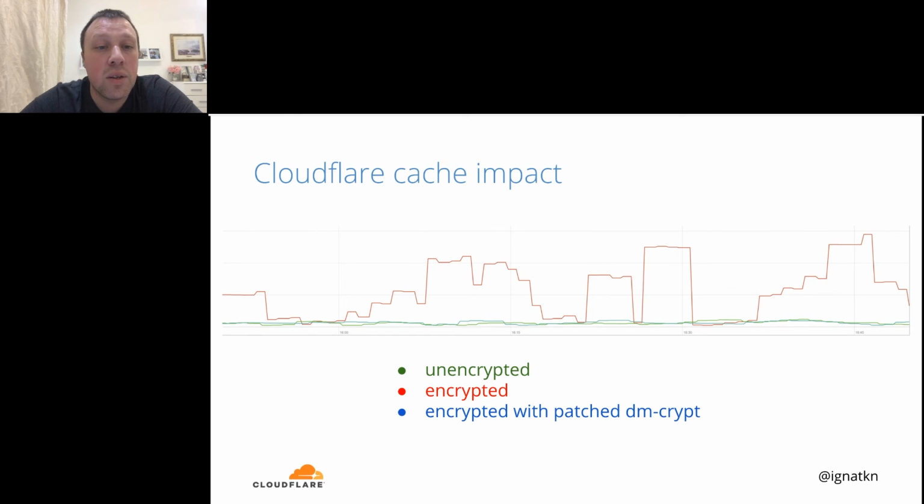The red line shows the significant impact introduced by applying Linux standard disk encryption on top. So our service 99th percentile is much worse. And the blue line here is the same encrypted server but with our patched implementation. And you can see that from the service perspective it's almost indistinguishable from an unencrypted disk. So again, we are not bottlenecked anymore on the encryption itself, we're bottlenecked on the performance of the hardware itself.